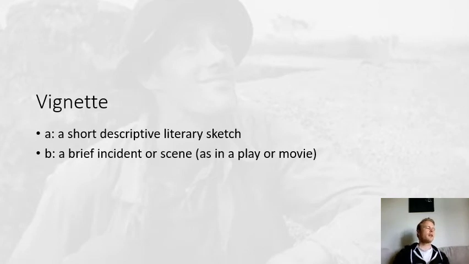But I think the bits that I've picked out are probably the best bits of evidence to allow you to discuss those uses of vignette and why they're important in relation to the narrative, what they show going on within the narrative. But don't just look at them on the sheet. Make sure you've got the book to build up that context around them.